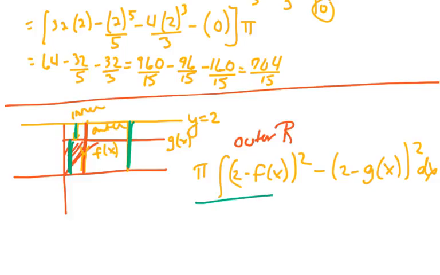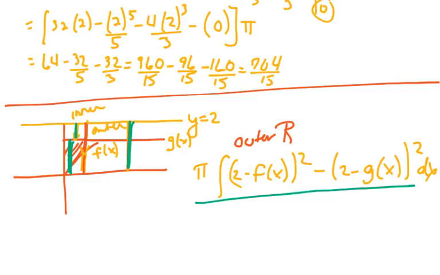So that's the setup for a situation where the axis of revolution is above the area that you're used to seeing. The bottom line here is that, depending upon the problem that you're given, you will have to sit down and figure out what the radius of the outer and the inner circles are and how they're going to change based on the shift.